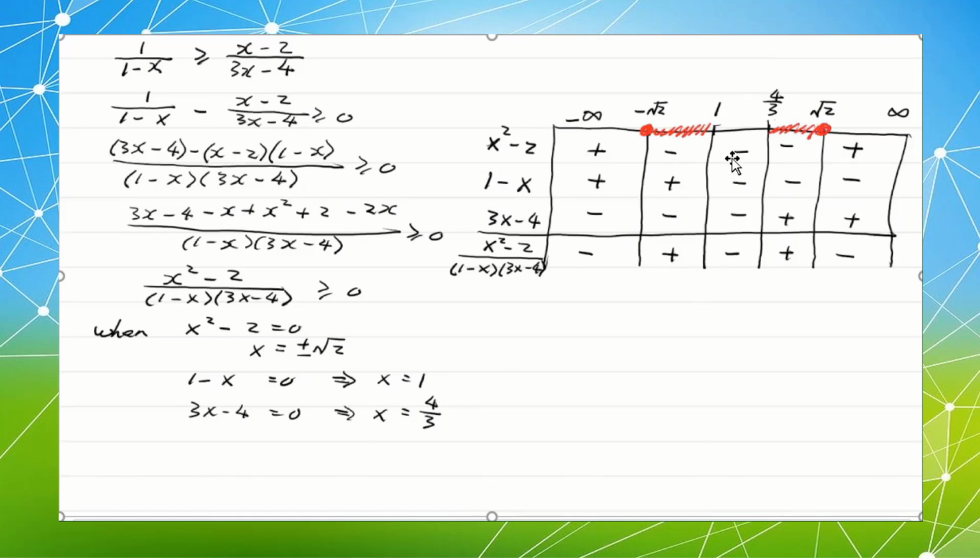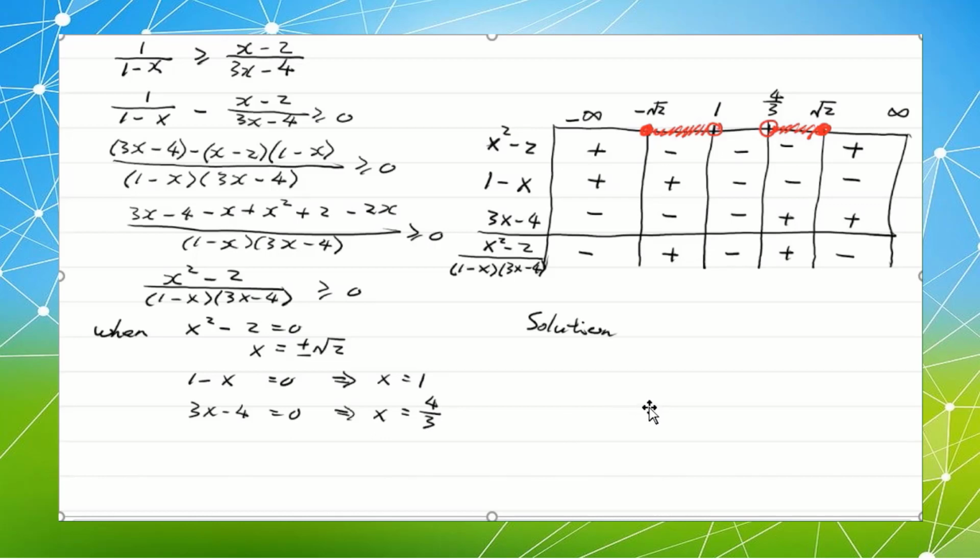As for 1 and 4 over 3, because they are denominators, and a denominator cannot be equal to 0, 1 and 4 over 3 are not included in the answer.